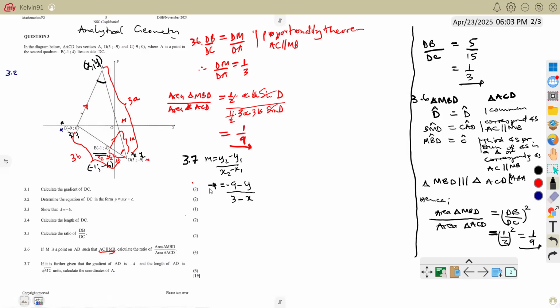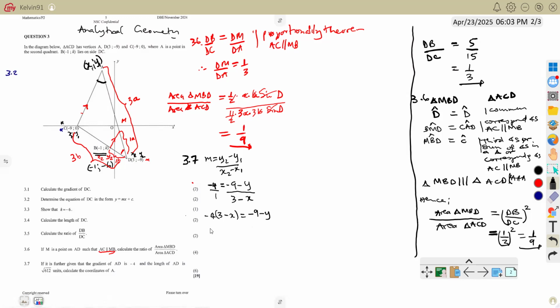Then cross multiply, this is the same as over 1. So we are left with -4 multiplied by 3 minus x, which is going to be equated to -9 minus y.